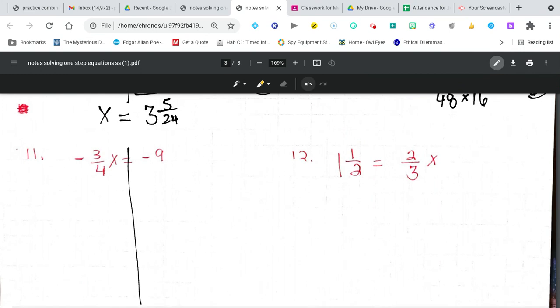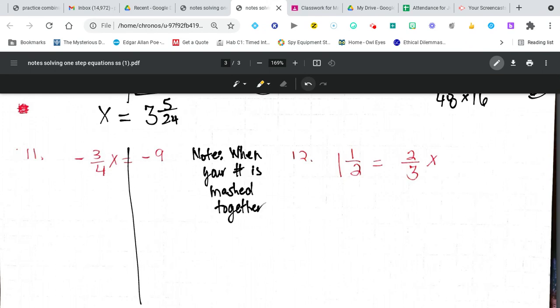All right. I need to make a little note right here. When your number is mashed together with a fraction, you need to make this note.